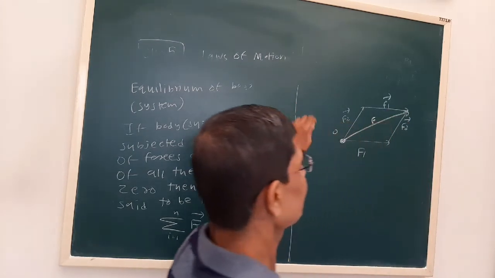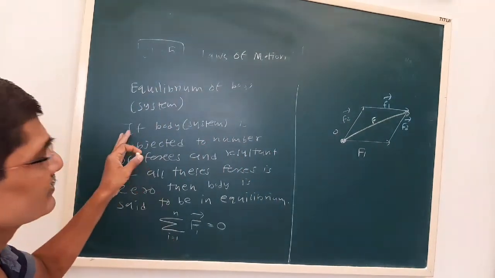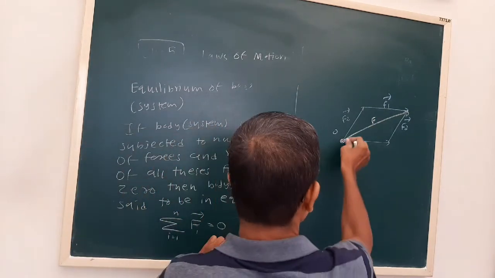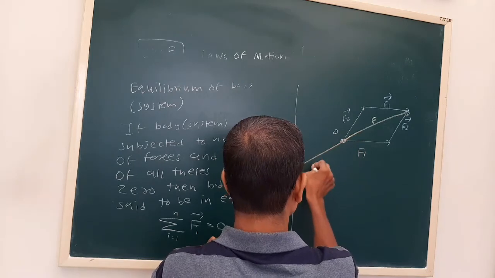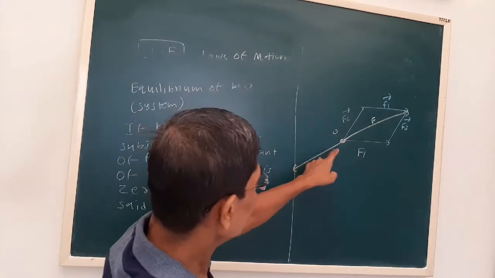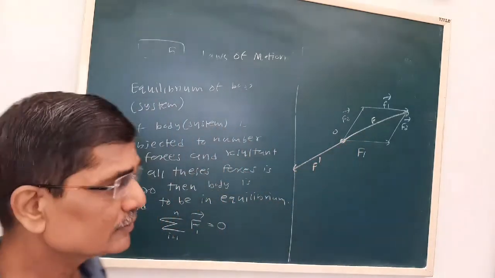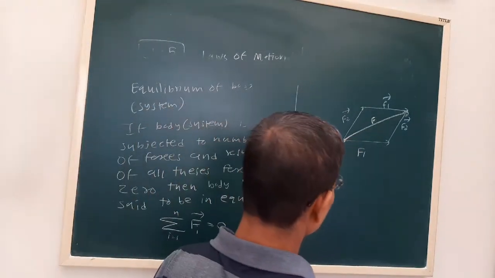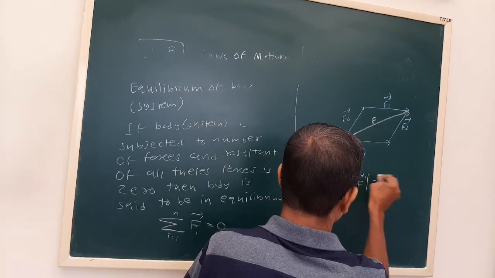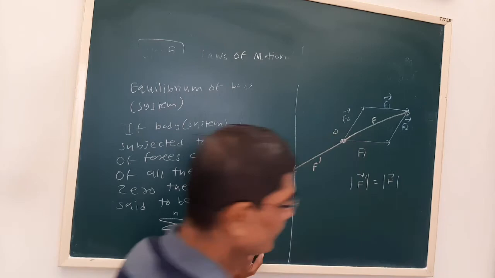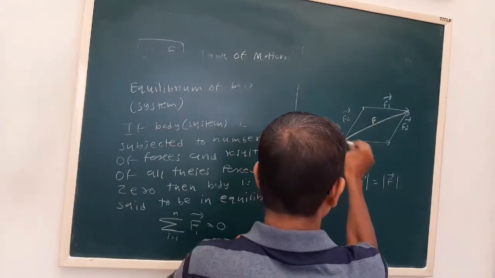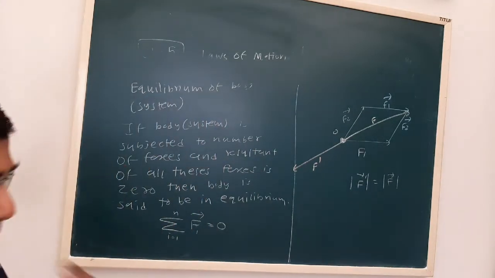This is the resultant F. Now, suppose I want this system in equilibrium, so I have to apply a force F dash of equal magnitude in the opposite direction to this resultant force F. The magnitude of F dash and F is equal, which we can obtain by calculation, and their line of action is the same.